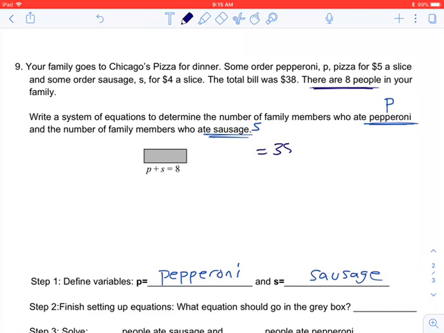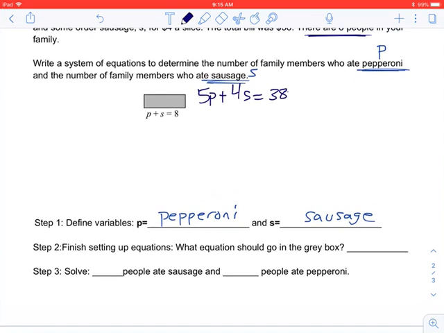So 38 is the total amount of money, and you add up the money plus money. So 5P plus 4S for the price of each equals a total of 38. Okay, so that's what I would put in the gray box. So here it would be 5P plus 4S equals 38.